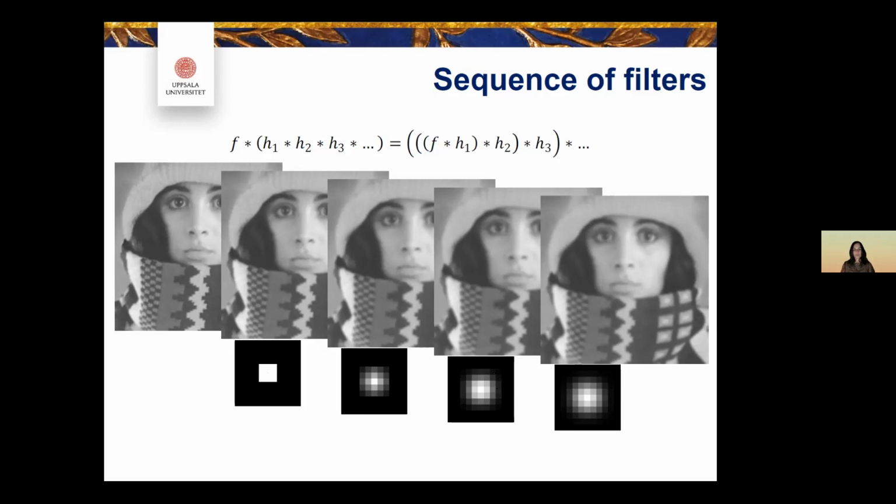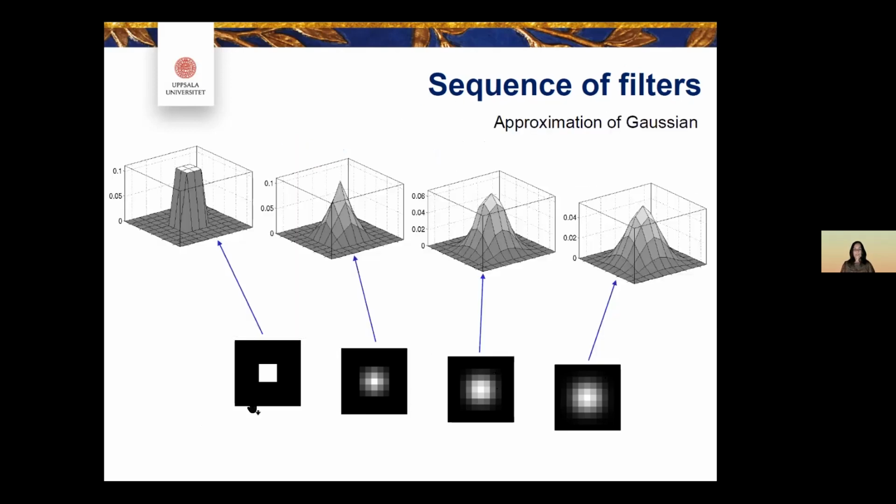If I use a sequence of filtering by this square, or averaging within this square neighborhood, then I am following this sequence.